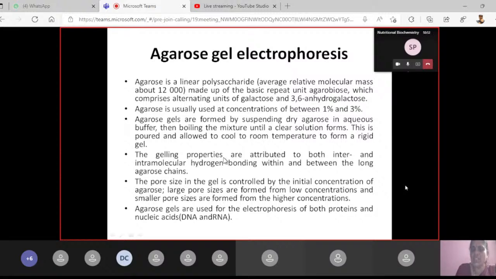And in this gel structure, you can alter the pore size. Usually they use agarose from 1% to 3%. Can anyone tell me how you can prepare a 1% solution? What do you mean by 1% agarose solution?